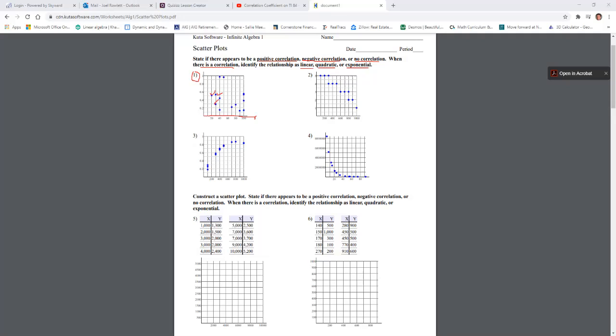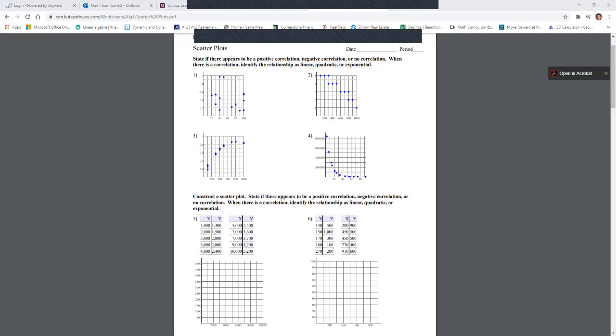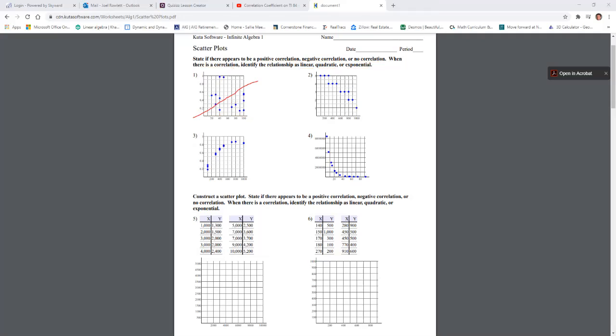And as we continue to increase, notice that the y values are sort of everywhere, right? They're not going up, nor are they necessarily going down as x gets larger. In other words, there appears to be no way to imagine a line that could pass through and sort of give a pattern to these dots. So this would be no correlation for number 1.